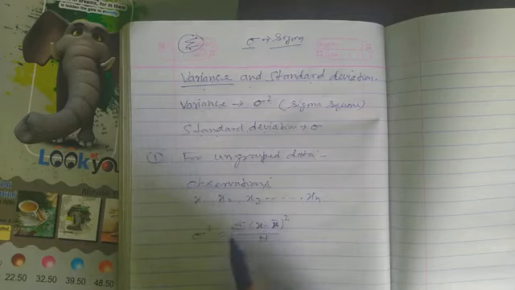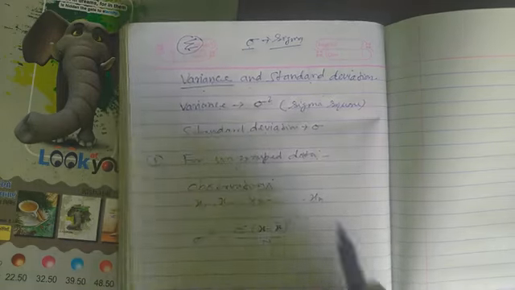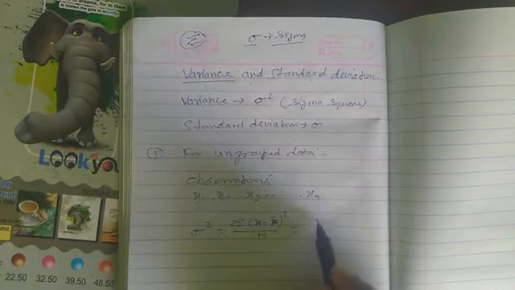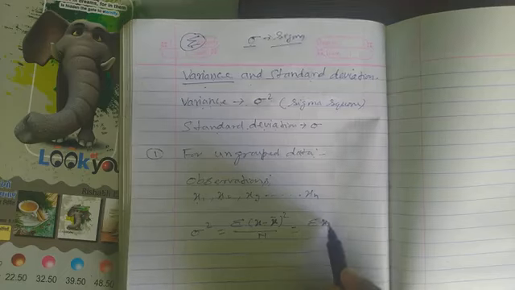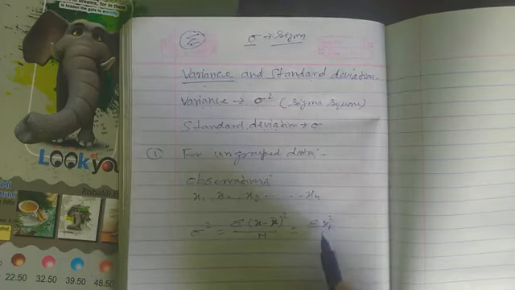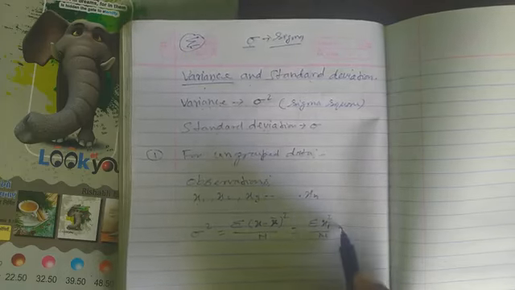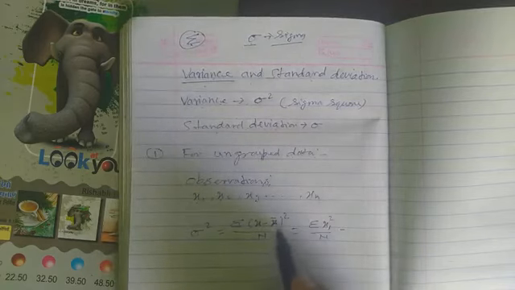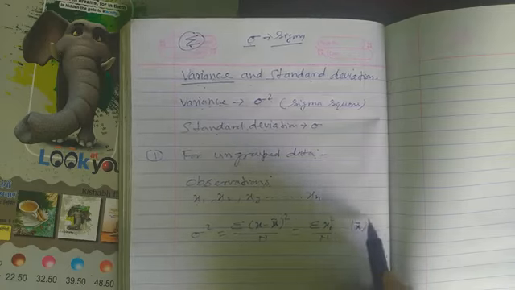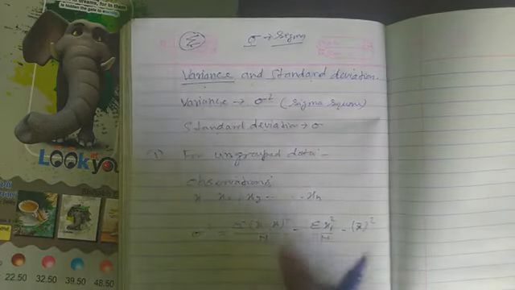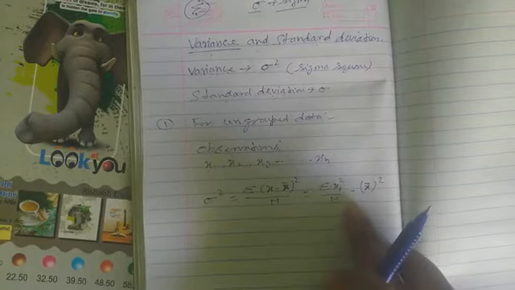This calculation is called the variance, sigma square. You can also write it as sigma xi square upon n minus the square of the mean. Both are the same.